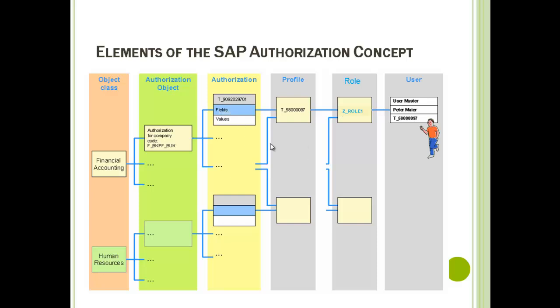Based on the number of objects inside this role, it will create additional profiles if necessary. So the key point here is one role can have multiple profiles. This profile will have authorizations, which have fields and values coming from authorization objects. Then these authorization objects are grouped together, which is called authorization class.